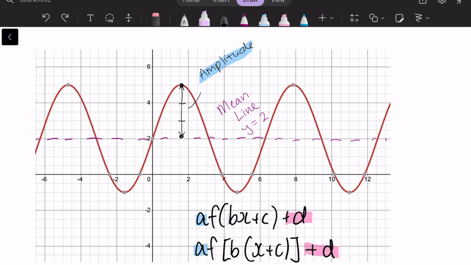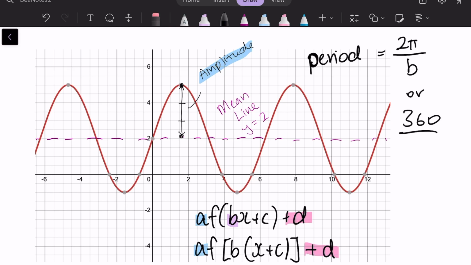Next, let's look at B. In both cases, the general rule for a sine or cosine graph is that the period is equal to 2 pi on b if it's in radians, or 360 on b if it's in degrees. Lastly is c, which is the one that we haven't done yet.